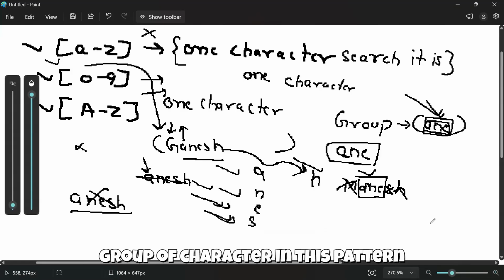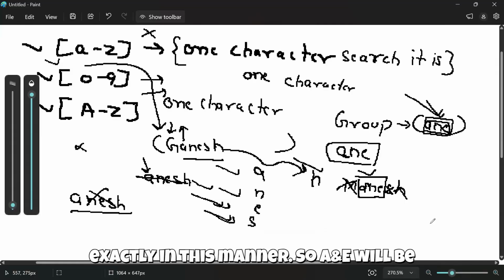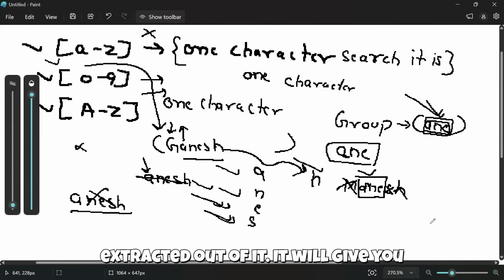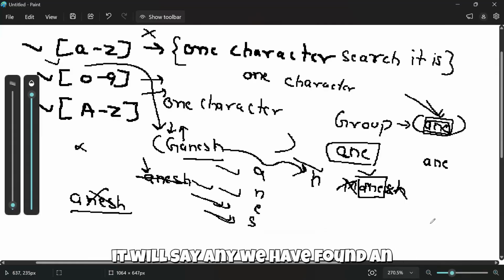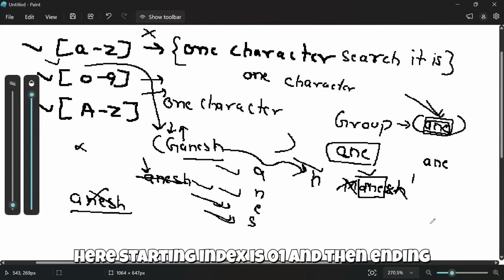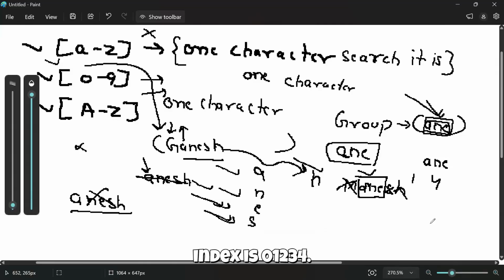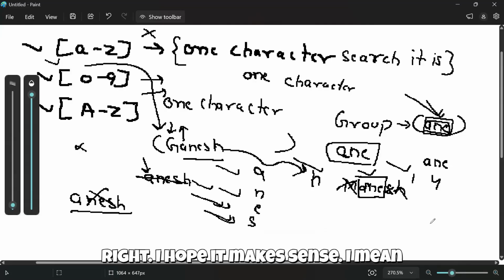So it will say, we have found a and e here. Starting index is 0, 1, and then ending index is 0, 1, 2, 3, 4. I hope it makes sense.